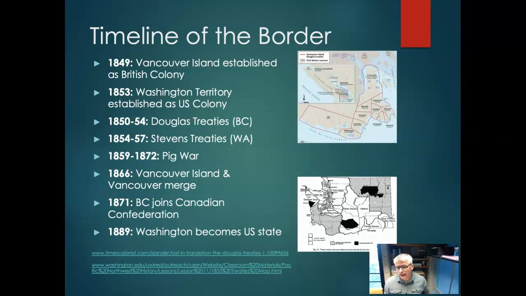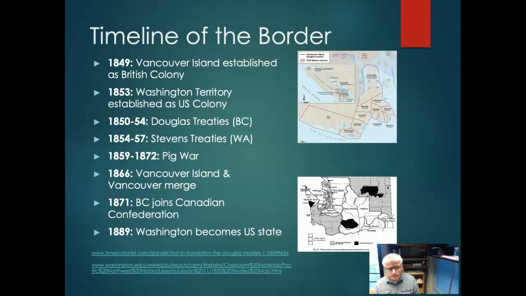Between 1859 and 1872 was the Pig War. If you visit San Juan Island, they love to tell the history of how, I believe, a British pig got loose and an American farmer shot it, and then we almost went to war over it. But during that time, the San Juans were kind of disputed territory. So both the British and the Americans were trying to occupy lands within the San Juans, arguing where that border should be drawn.